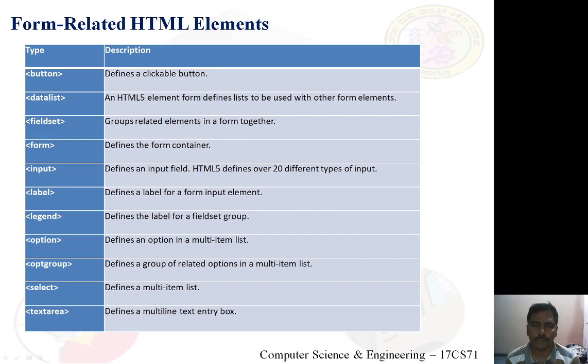Next, form. Form, we know, acts as a container. Next, input. Input defines an input field, and there are about 20 different types of input, and we'll see almost all.